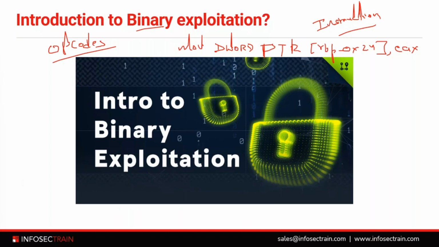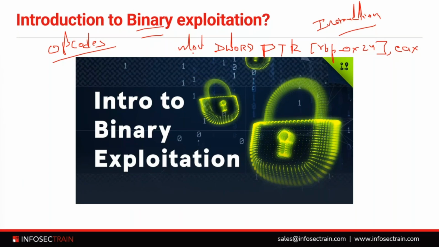So the first thing you have to understand is this word binary. A binary is a file which contains a set of instructions, right? Instruction is the language which your processor understands. So if you want to tell the processor to do something, you will tell it in the form of instructions, right?